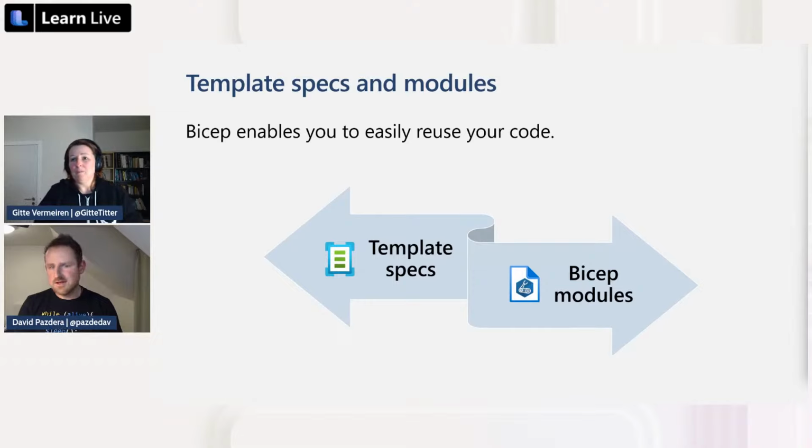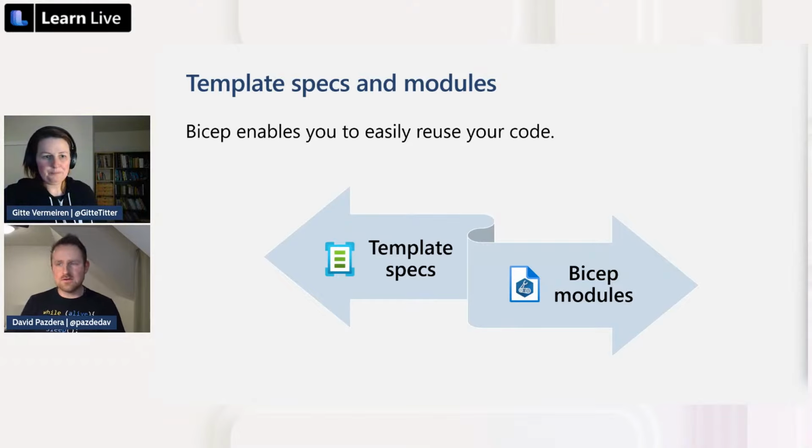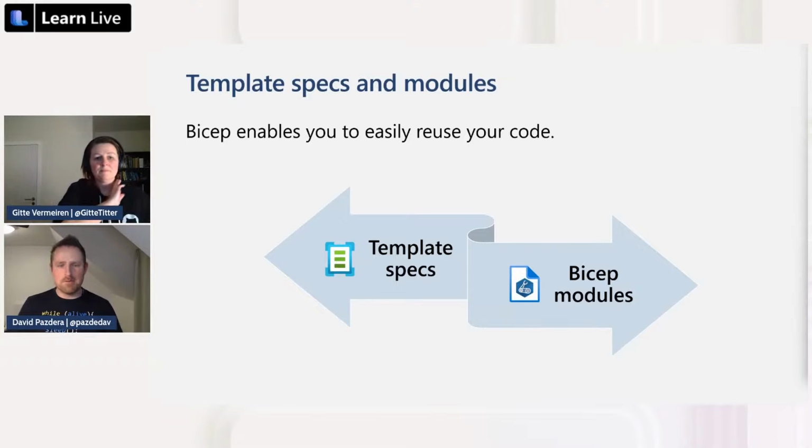An interesting fact, if I can just chip in, about template specs is that they actually predate Bicep. They were created as an answer to a very difficult way of publishing ARM templates without needing a staging area, which typically was a blob storage with a public endpoint.